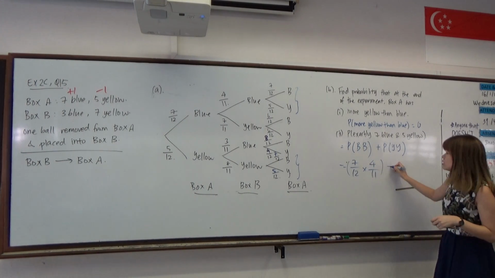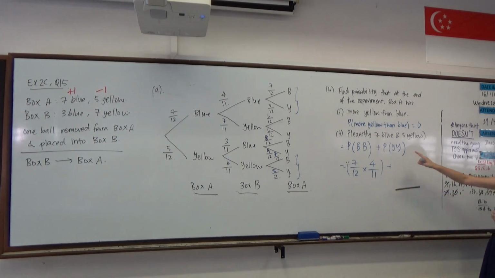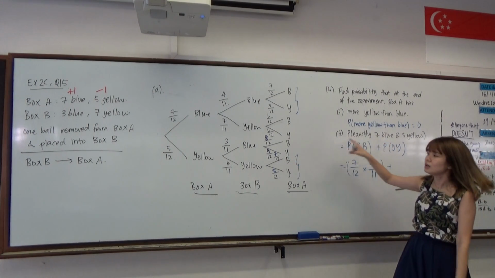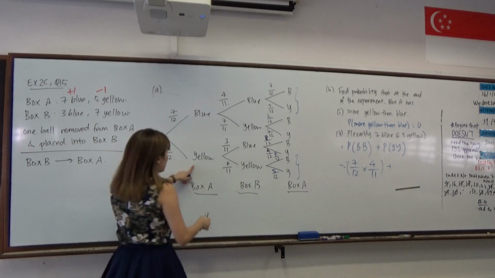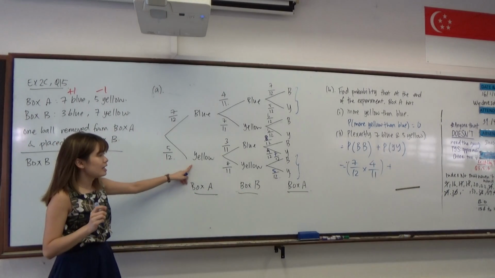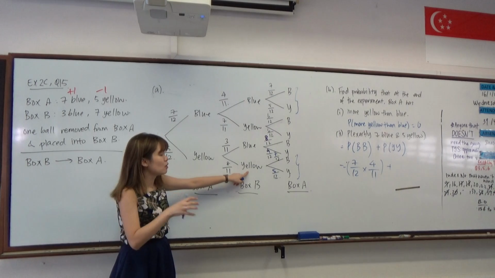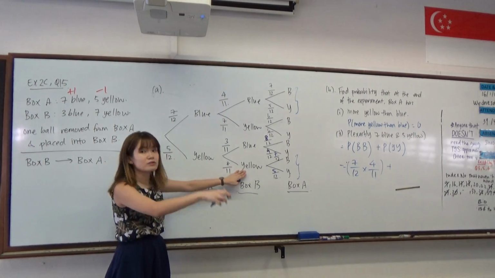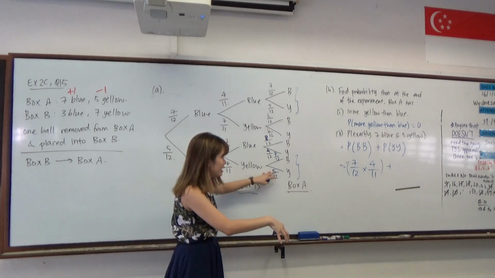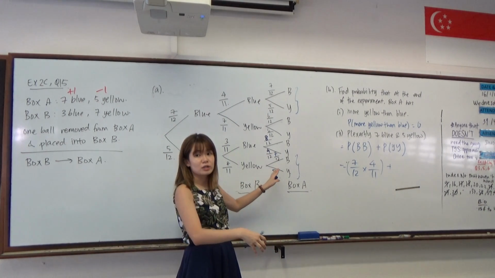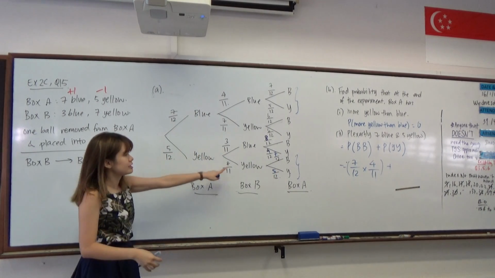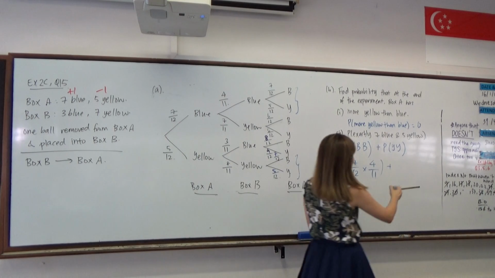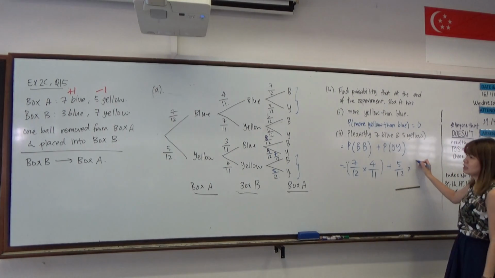Then after that, to find out the second situation that will allow for this event to occur, it is when in box A I first take a yellow, then after that in box B I will also take out a yellow. So box A take out yellow, put back, and then box B I also take out a yellow, and then I put back again, such that you will create this situation also. So the probability for this event to happen will be 5 over 12 times 8 over 11.